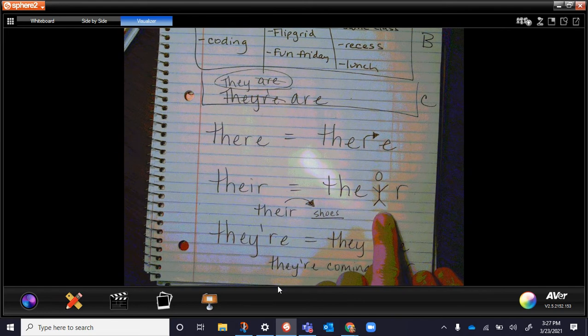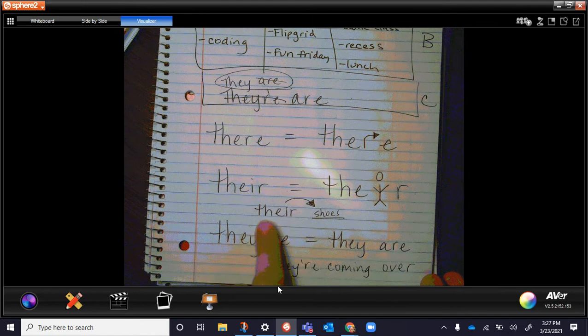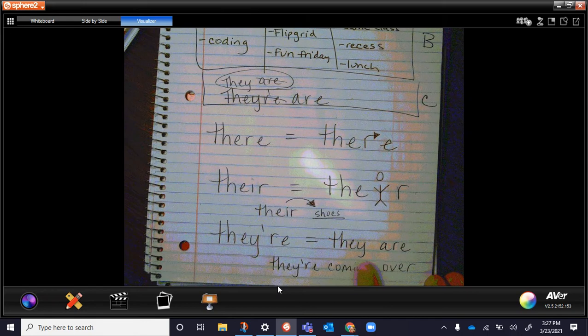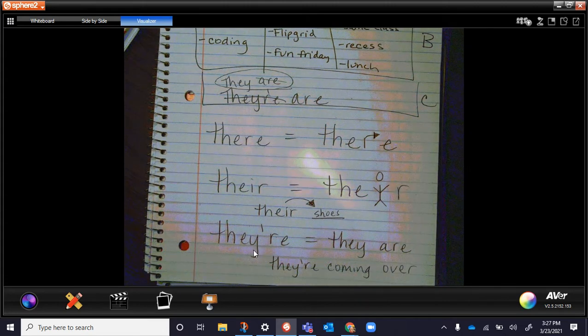THEIR, put your I into a little person. THEIR, if we're saying like their shoes, we're showing ownership. The shoes belong to somebody, so we need EIR. And then whenever you have the apostrophe, break it apart: they are, and then plug it in. They are coming over. If that makes sense, then you need to make sure that you have that apostrophe there.